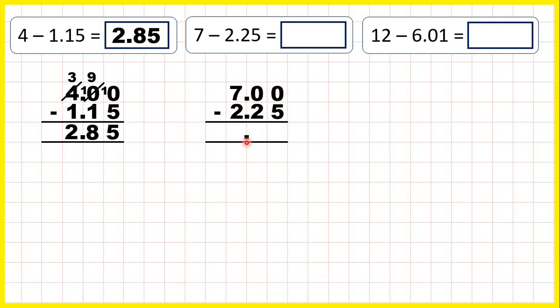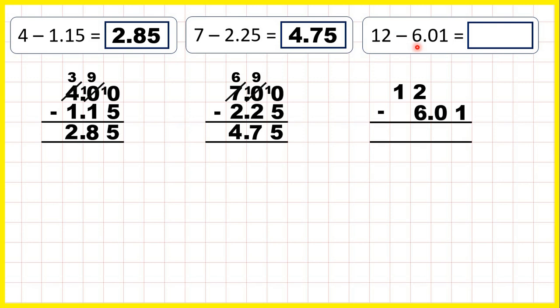We copy down the decimal point, and now we can't do 0 minus 5, and we can't exchange with the tenths, so we go all the way over to the ones, 1 less, 1 in front, then again 1 less, 1 in front. Now 10 minus 5 is 5, 9 minus 2 is 7, and 6 minus 2 is 4, which gives us 4.75.